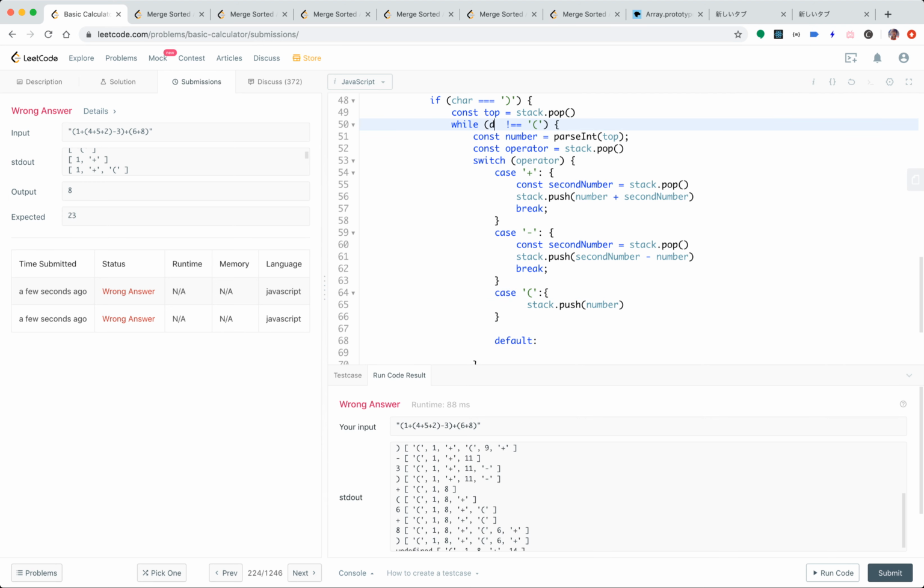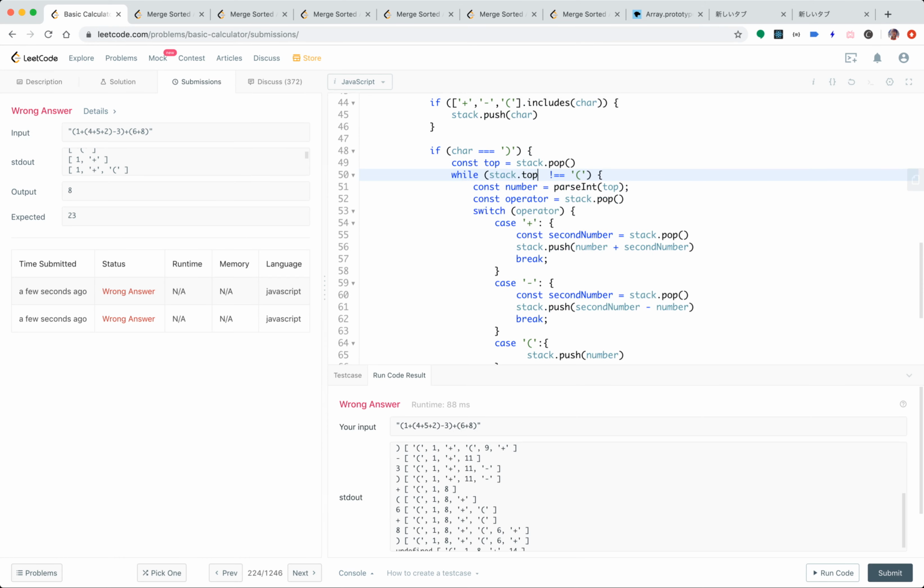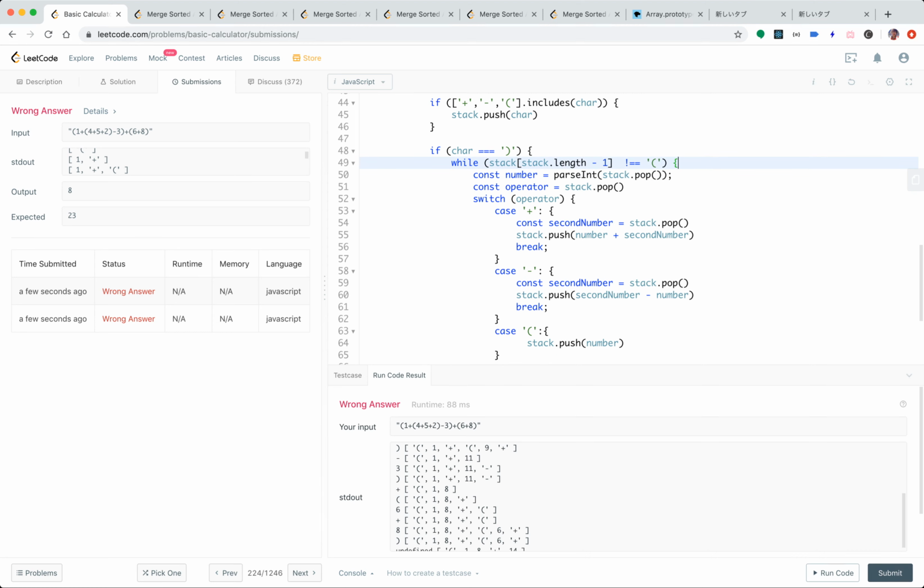While stack pop top. Stack, if it's not left, we pop it. Number stack pop, operator stack pop.